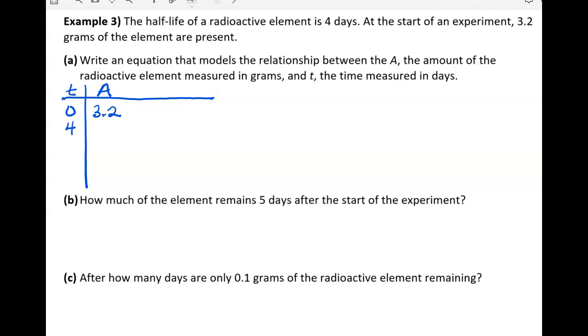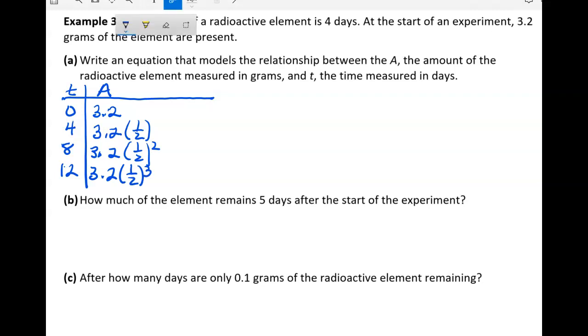After 4 days, or 1 half-life, that amount gets multiplied by 1/2. After another 4 days, so at 8 days, that amount, 3.2, gets multiplied by 1/2 one more time, so we're now multiplying by 1/2 squared. And after another 4 days, or 12 days, 3.2 gets multiplied by 1/2 raised to the third power.